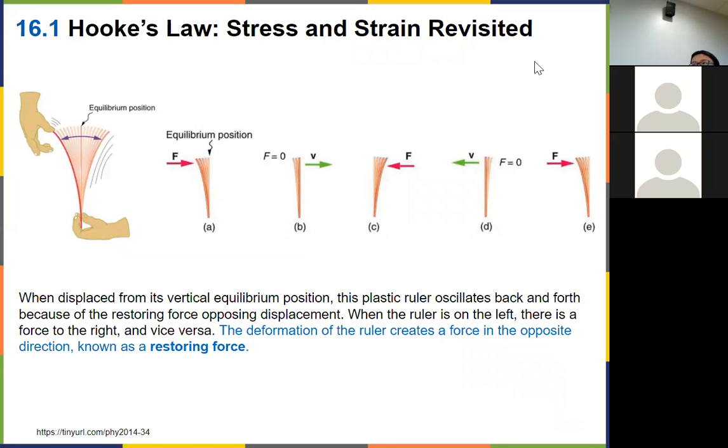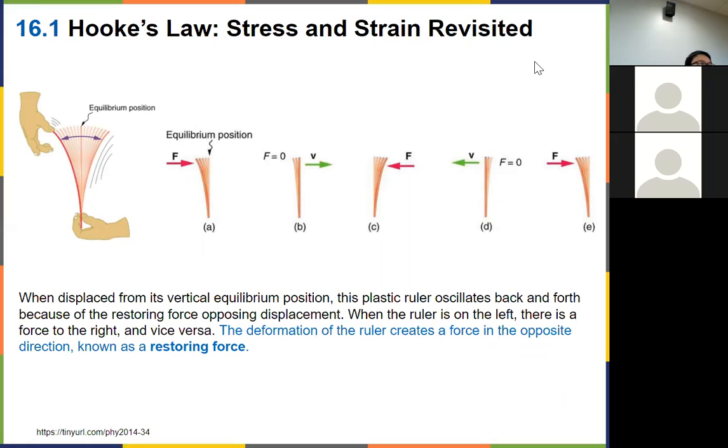What happens here is initially the ruler is at equilibrium position. If you pull it to one side, then there's displacement. If you pull it to the left-hand side, the displacement is to the left, but then there will be a force making the ruler go the other way.